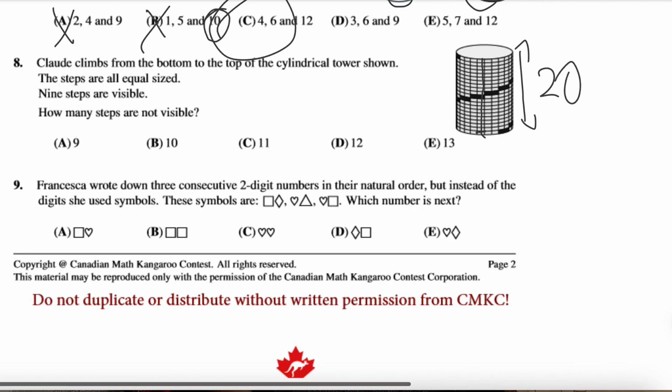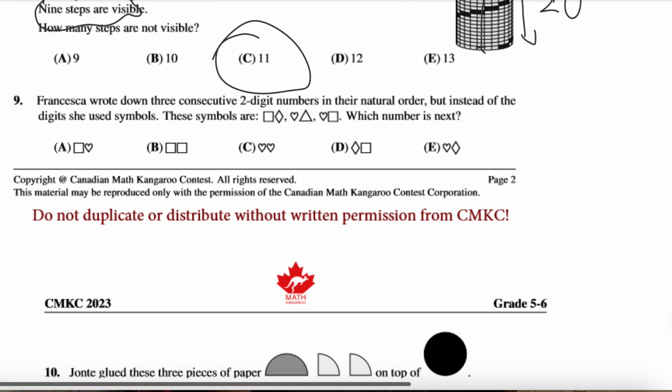So this cylinder would be 20, and 9 steps are visible. Each step goes up 1. So if 9 steps are visible and each step goes up 1, and you want to go up 20, you need 20 of the steps. And out of that, 9 are visible. So that means 11 of these are invisible. So the answer is C.